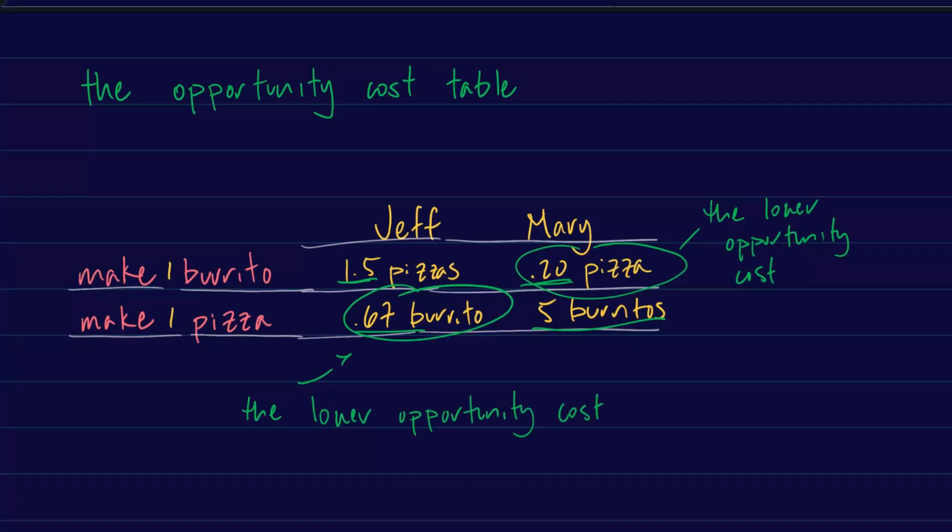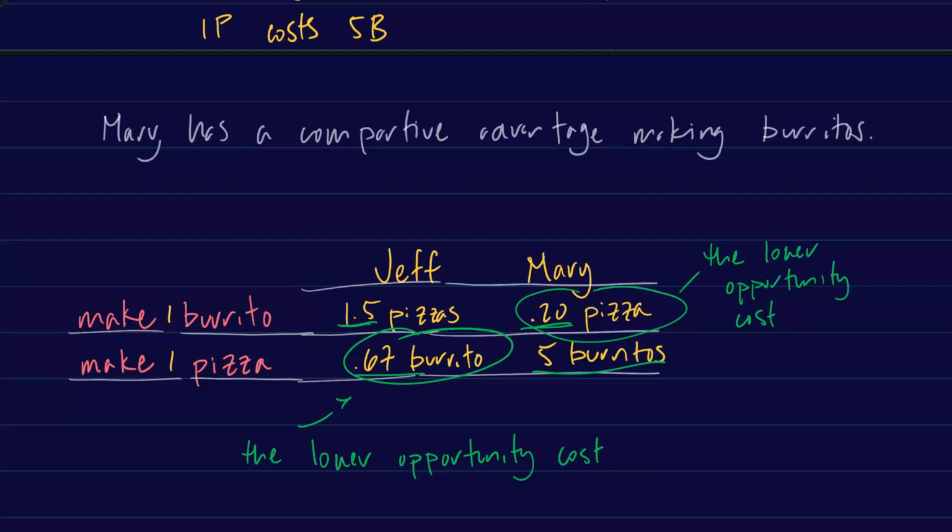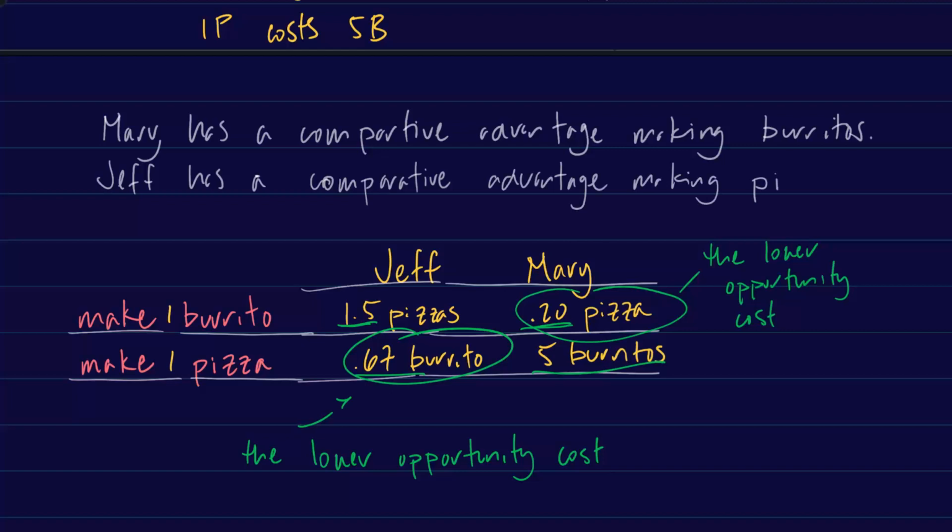Okay, so Mary has a comparative advantage making burritos, whereas Jeff has a comparative advantage making pizzas. And that in turn means that Mary should be making burritos and Jeff should be making pizzas.